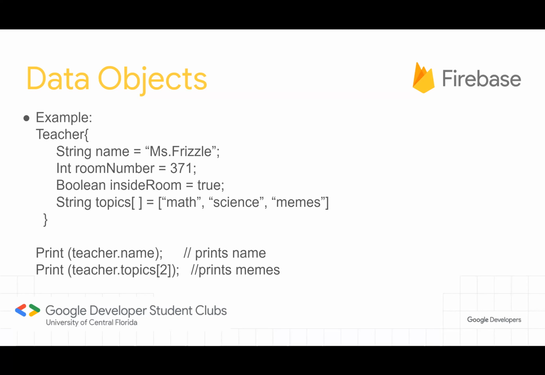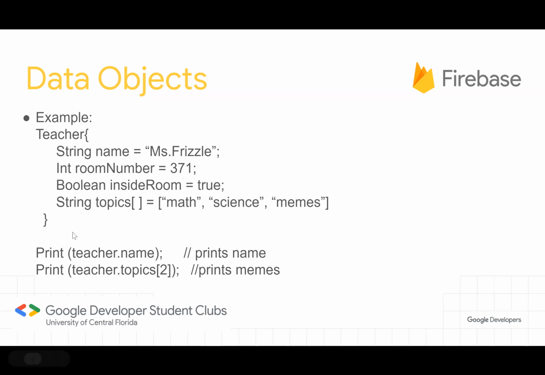And for those who haven't taken an object-oriented programming class, just to sum this up real quick, a quick example is we can create sort of like a teacher object, and inside this teacher object, we're capable of holding a variety of different variables from strings, integers, booleans, etc. Right?